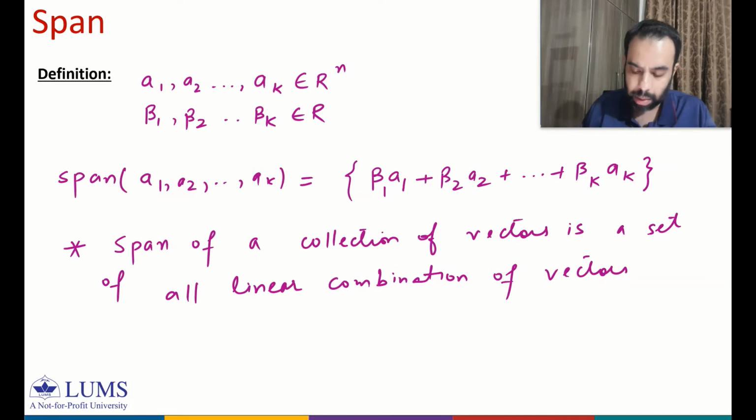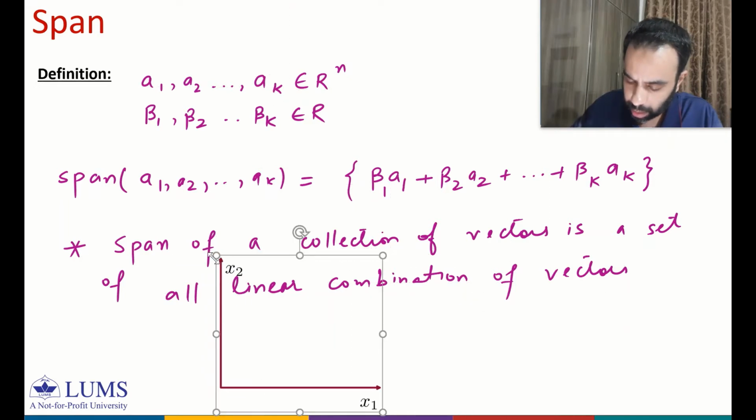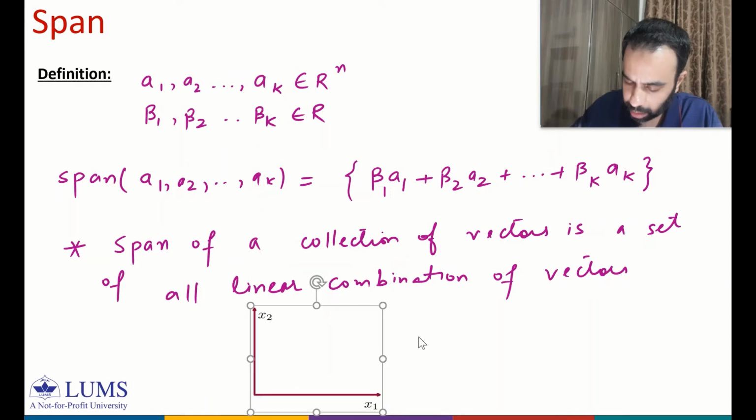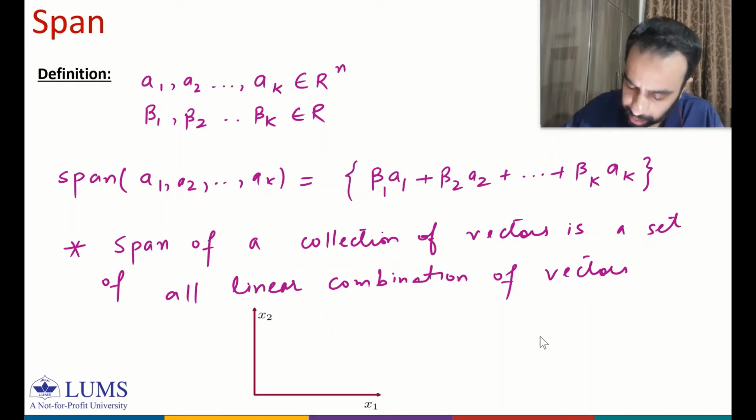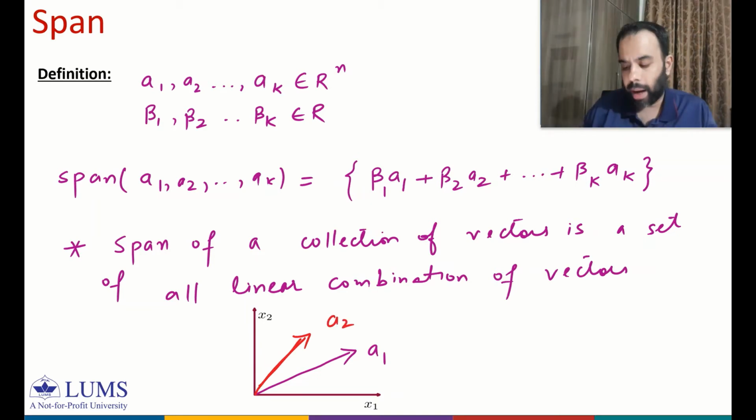Okay, so what we talked about earlier: say we're in R2. If I take two vectors, say A1 and another vector A2, the span of A1 and A2 would be R2.